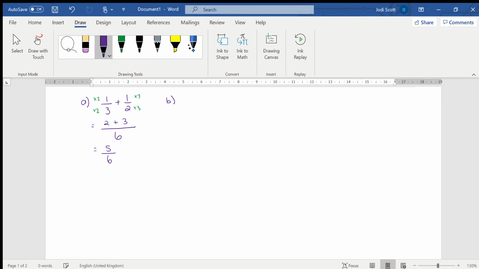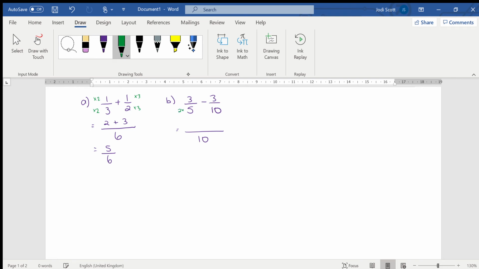So for part B, we'll try 3 over 5 minus 3 over 10. So again, you can draw one line, and then we need to figure out a common denominator. So this one's a pretty easy one. I would just use 10 because 5 goes into 10 and 10 goes into 10. So write your denominator on the bottom, and then think of what you did to that first denominator to change it.